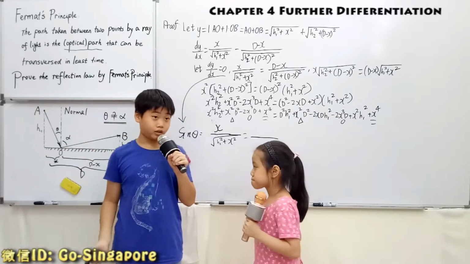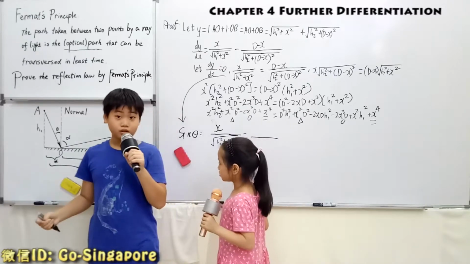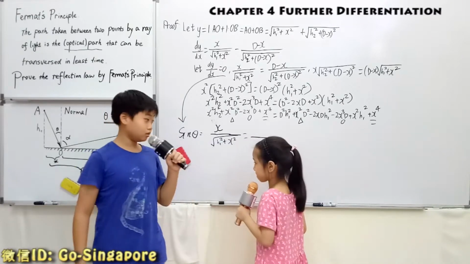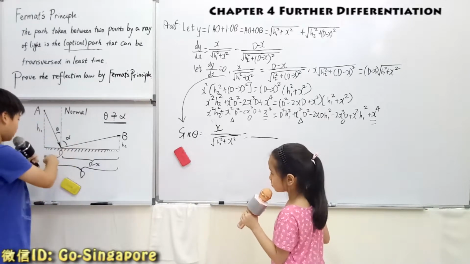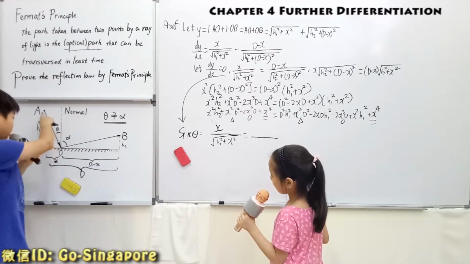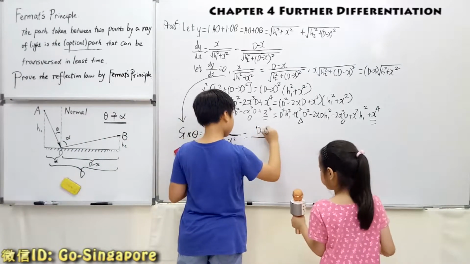What kind of alternative angle? Interior, right? Yes, interior alternative angle, correct? So it's actually theta, correct? Okay. So x over the hypo is actually the sine theta, right? Okay.